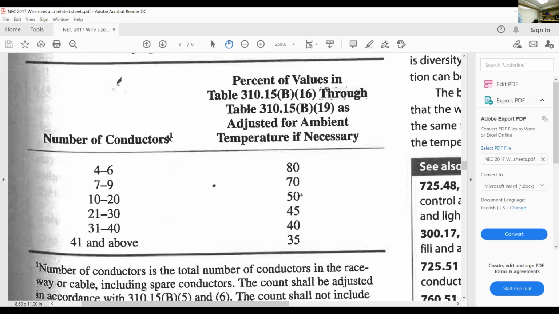Roughly 50 amps. That's because of the temperature being 100 degrees. This is an adjustment factor. Now let's say that you have maybe 6 wires in the conduit. You have to multiply this answer by 0.8.